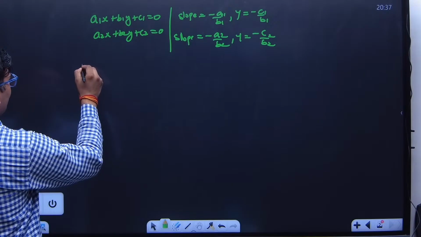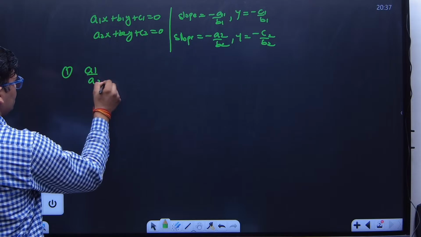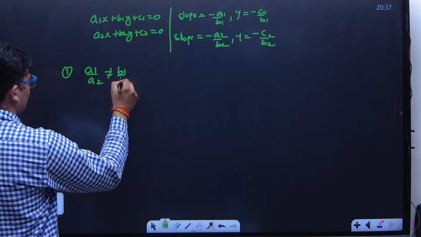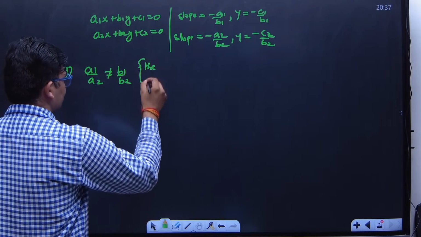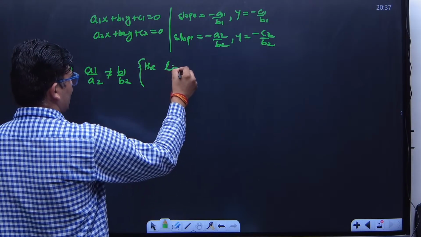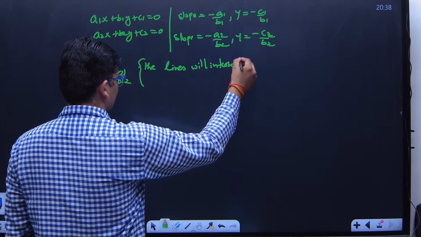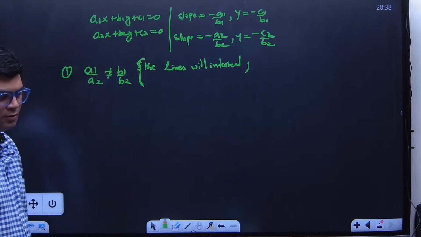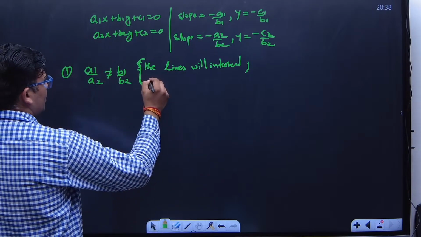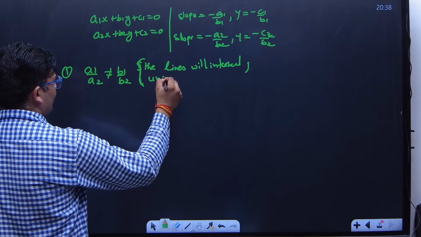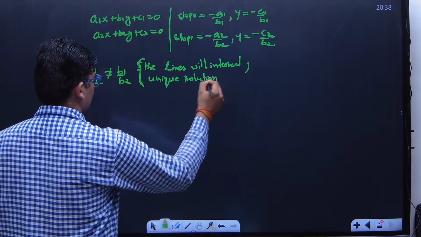So the first condition is a1 upon a2 is not equal to b1 upon b2. That means the lines will intersect. Then coming to the second condition, these lines will have a unique solution.